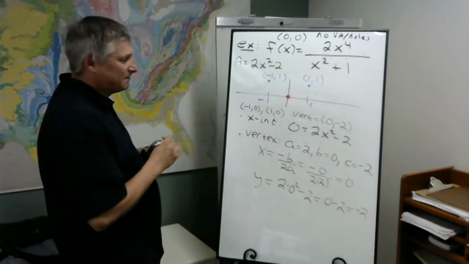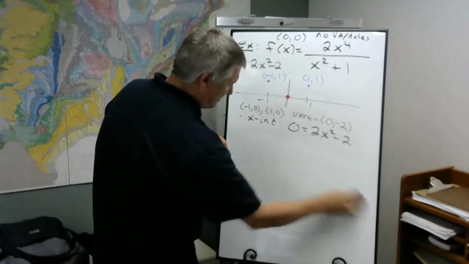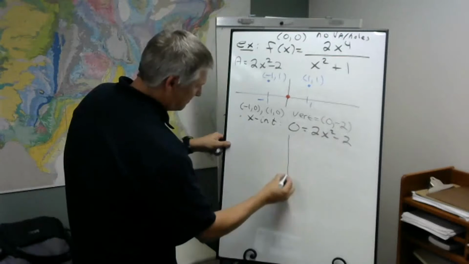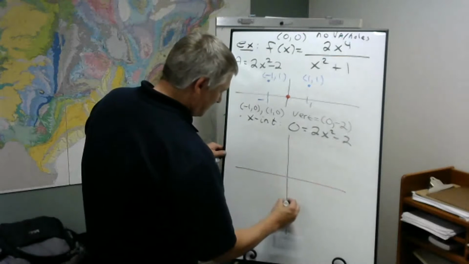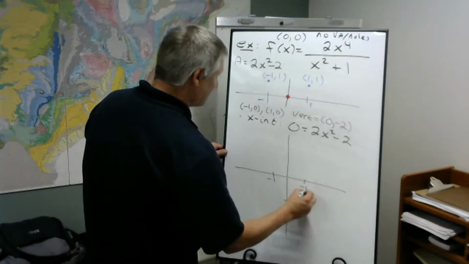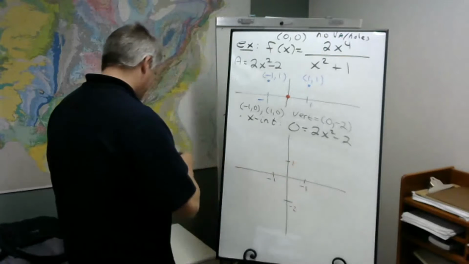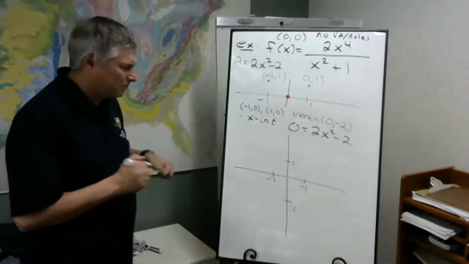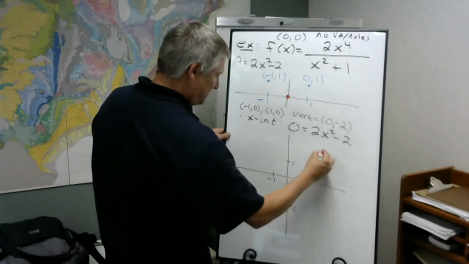So now let's try to graph it. There are no vertical asymptotes. We do have this asymptote that does something like this.